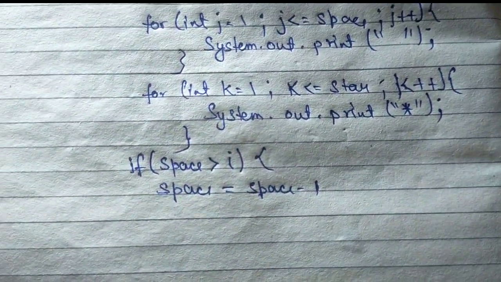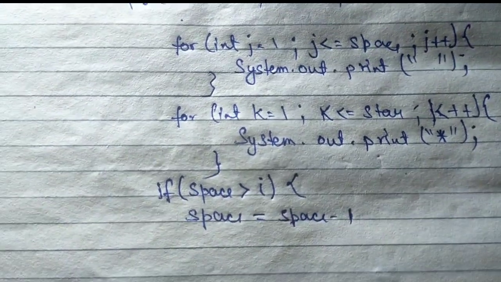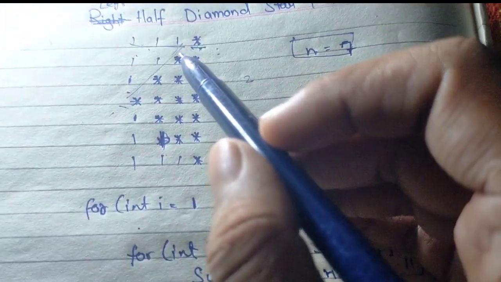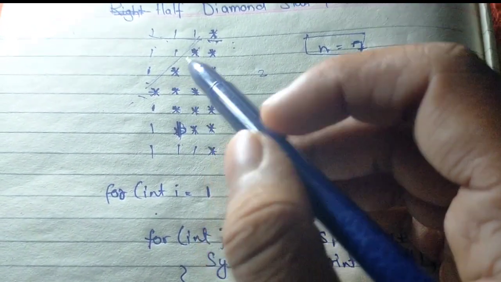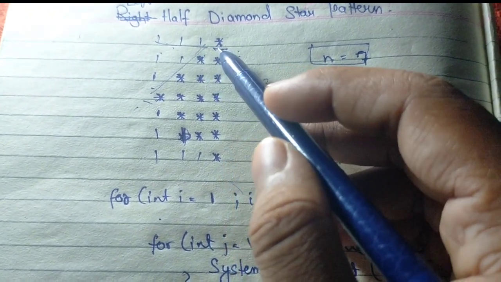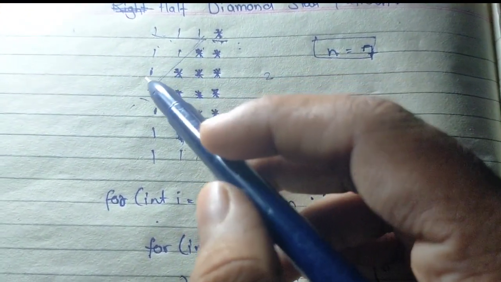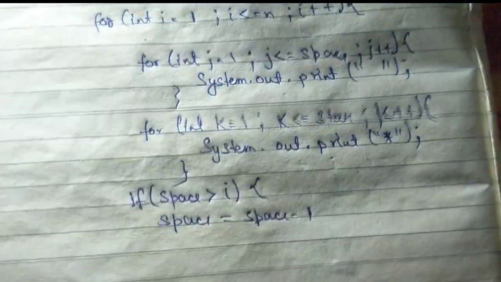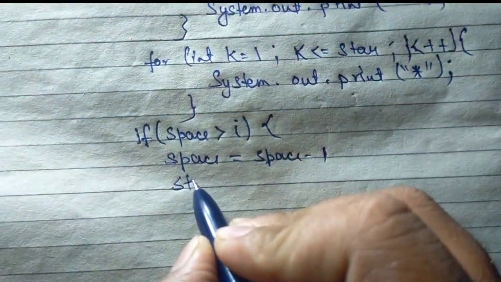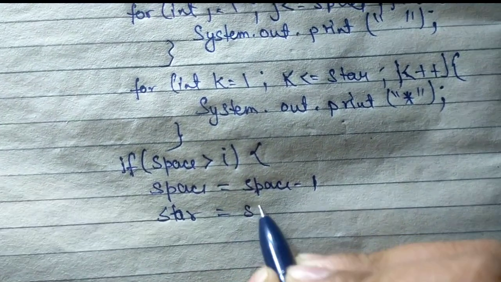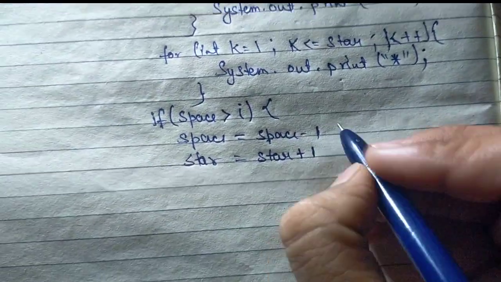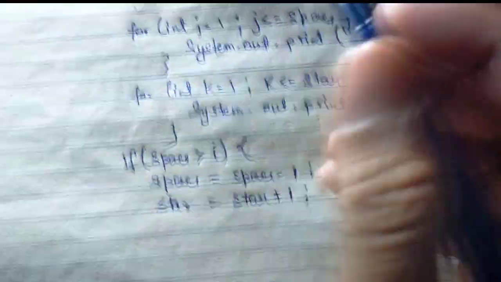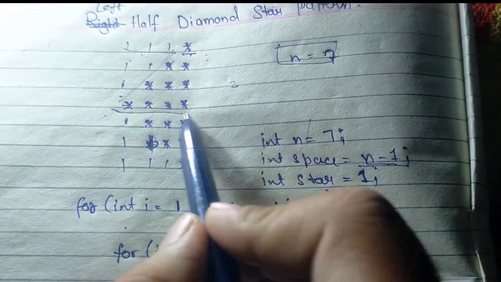The initial space value should be decreasing. If space is 3, it will decrease by 1, then by 1, then by 1, so 3, 2, 1, then 0. So space minus 1, but star should be increasing by 1. Okay, so it is for our first half, only for this part.